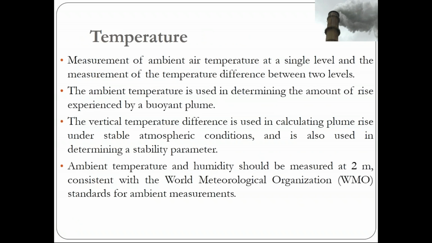For temperature, it is also most important. The measurement of ambient temperature at a single level and the measurement of temperature at two different levels is very different, because in the EIA report we put the temperature as dry bulb and wet bulb for these physical parameters and air quality.